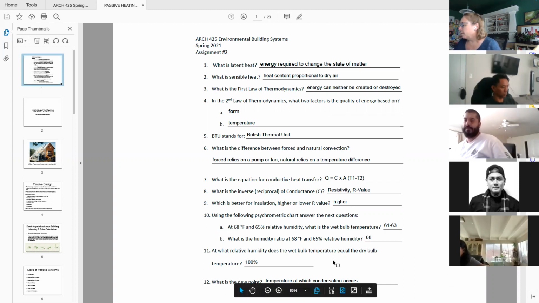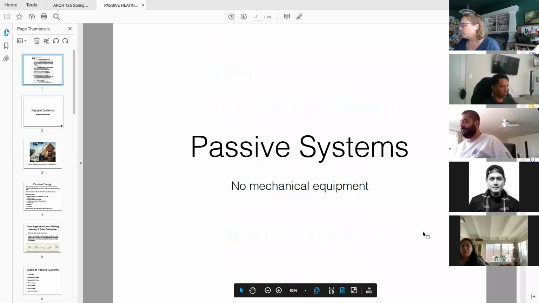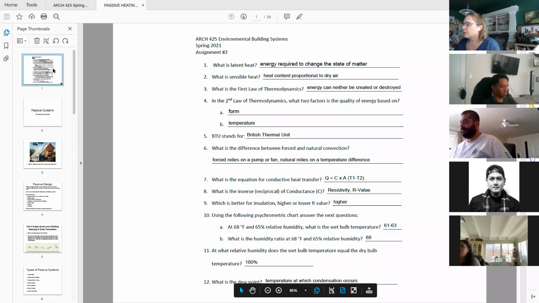Everyone got humidity at 100% equals where the wet bulb equals the dry bulb temperature. And based on your responses, I think the actual dew point was 55 degrees last week. I will clarify my sentence. I was actually looking for the definition of dew point, not what the actual reading was.